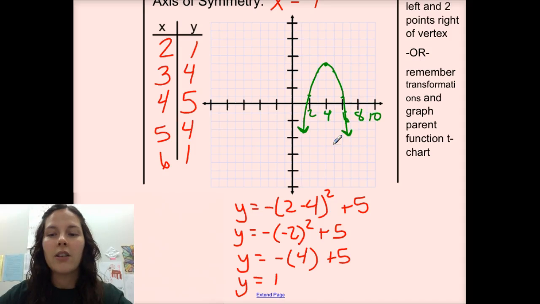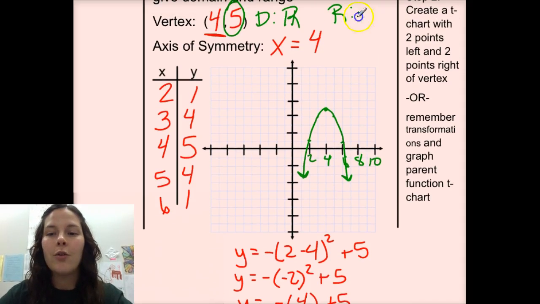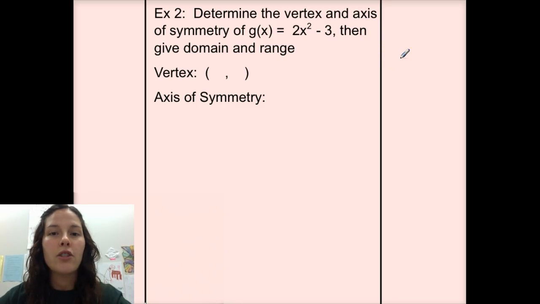So our y values are all less than or equal to the y value of our critical point, in this case 5. If your graph opens up, your range will be y is greater than or equal to the y-coordinate of your vertex.